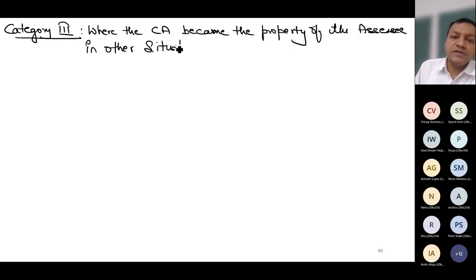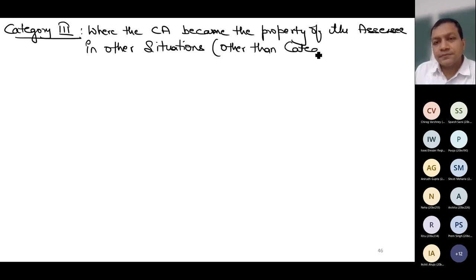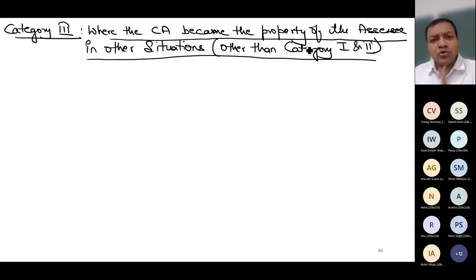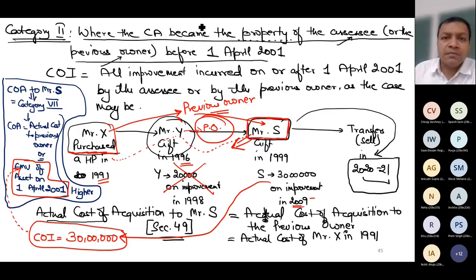In other situations means other than category 1 and 2. If capital asset became the property of the assessee other than in category 1 and 2 cases, then your simple answer, actual cost incurred. Now by default, if I say other situation, do you know by default which case will be covered?